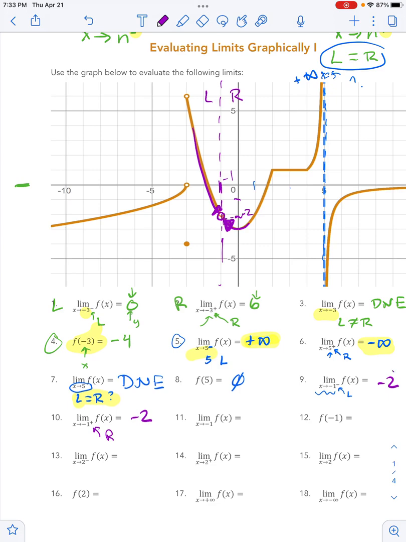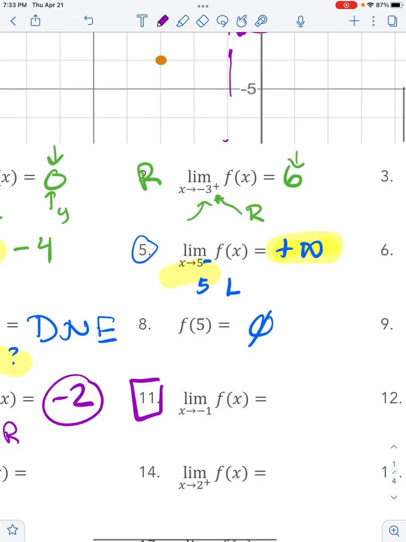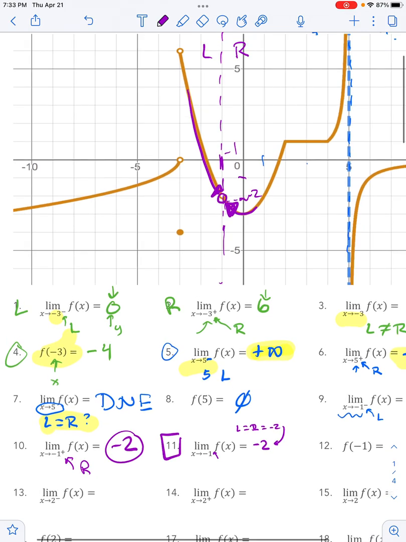And since my left and right limits were the same, then in number 11, as it's asking the overall limit without a plus or minus sign up here, then I can say, yeah, that's going to be -2 because the left one equaled the right one equaled -2. So that's the first place that has a limit because from the left and right, they're both going towards this value of -2.